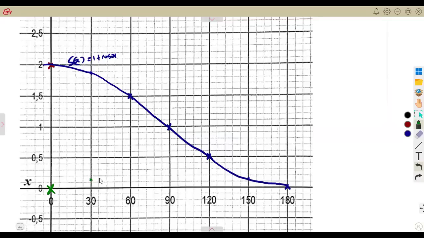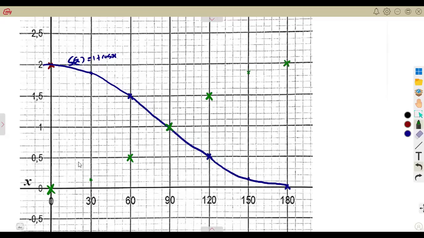It's just going to be approximate there. 60 was versus 0,5. 90 was versus 1. 120 was versus 1,5. 150 was versus 1,866, that value we had before, somewhere there. 180 was versus a 2.